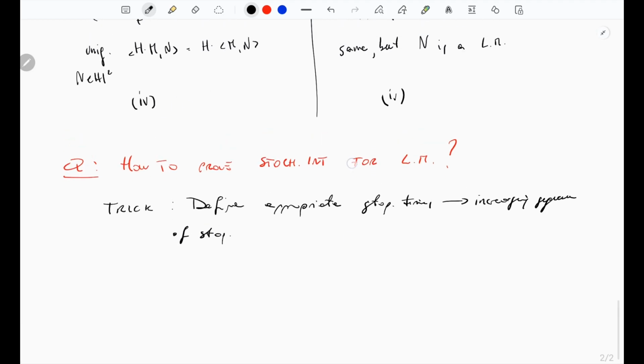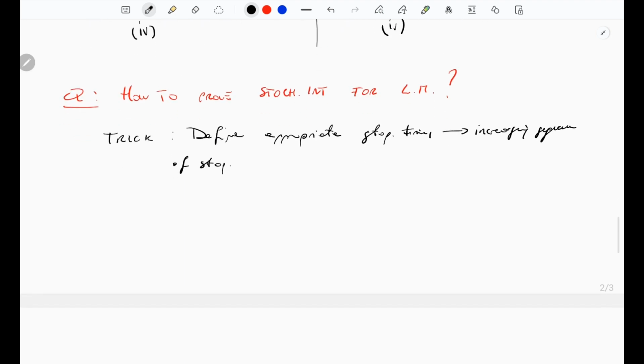So what I mean by appropriate is, for instance, when you have to prove that H·M is a local martingale, what you know is that if M is bounded, then the integral is also bounded in L2.